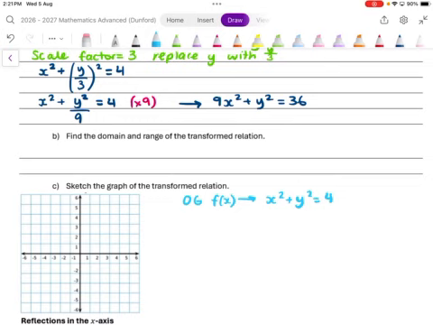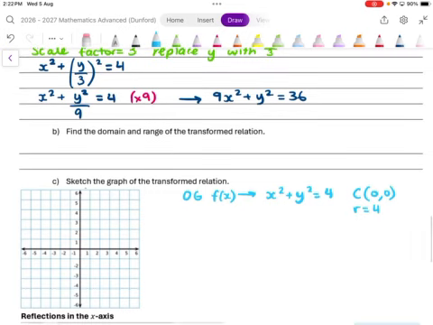It had a centre of 0, 0 and a radius equals 4. Do we all agree with that? Is the radius 4? It's 2. So for this one, its domain and range is both -2 to 2, right? So it has a domain of -2 to 2 and a range of -2 to 2 for our original function.